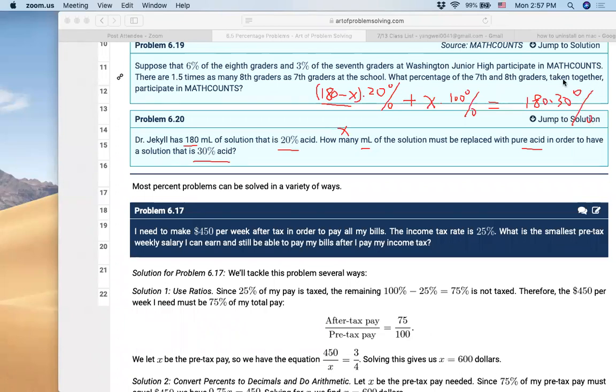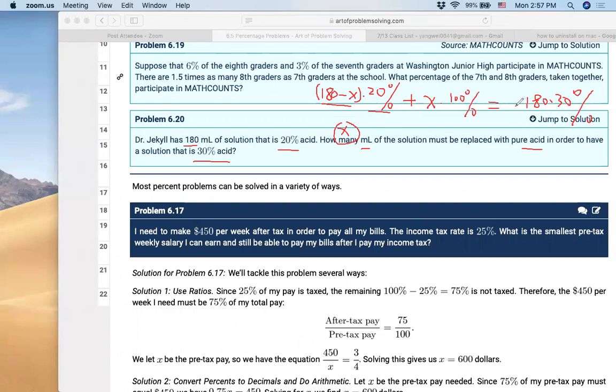See, this is X milliliters of solution you need to replace. So the left original solution will be 180 minus X. Then you times 20% because the original solution is 20% acid. Then you plus X, that's the pure acid you add to the solution.